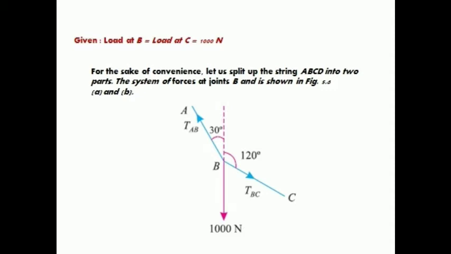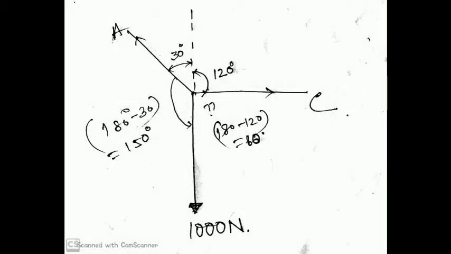Also find the angle between the tension BC and the tension AB. First find these angles, and after that apply Lami's theorem. Then we can easily find the tension of AB and the tension of BC.